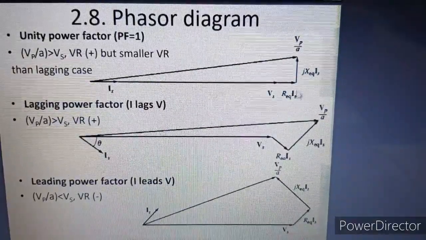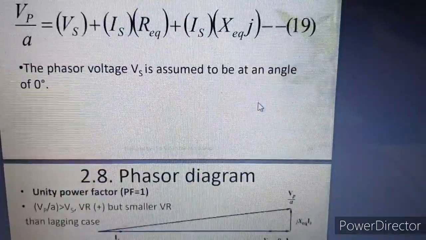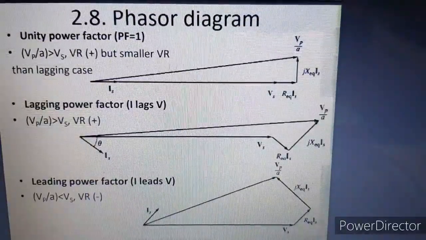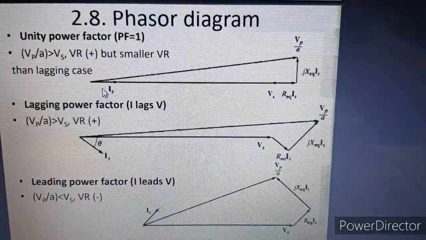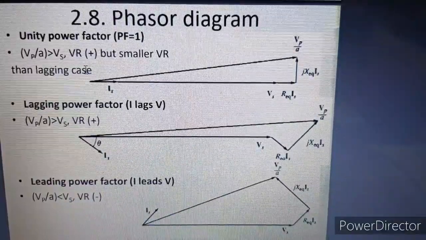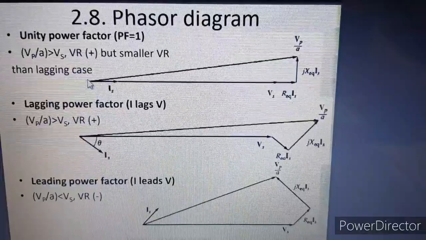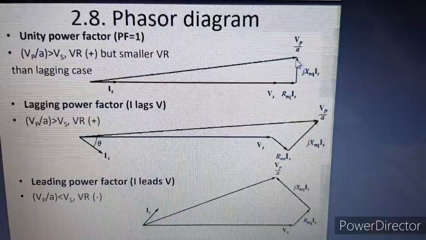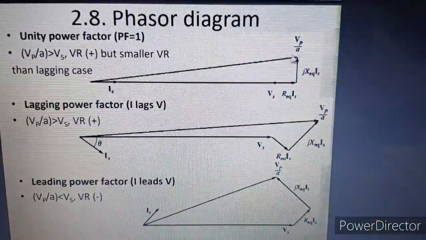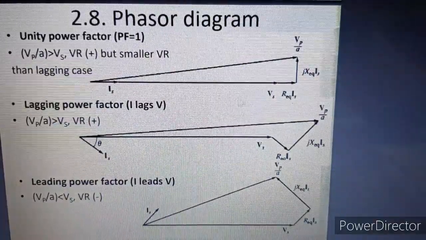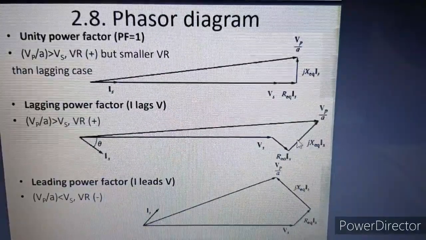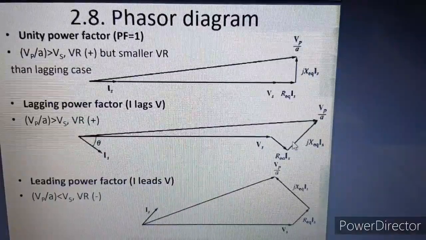Why is it pointed upward, not downward? Because the term is plus, plus. Now you just draw a line from the starting point to the last, the third phasor, so you get your Vp over a. For lagging, from the second term, find 90 degrees to it.